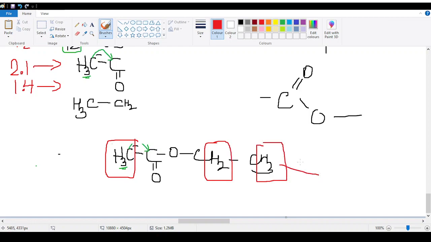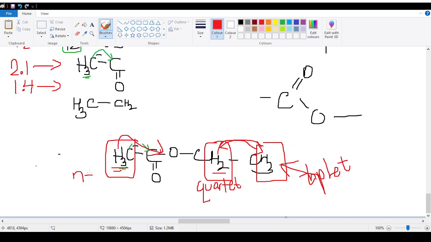These hydrogens, there are 3 hydrogens, but their neighbor has 2, so this must be a triplet. There are 2 hydrogens, but their neighbor has 3, so there must be a quartet. n plus 1 must be 4. There are 3 hydrogens here, but their neighbor has nothing, so they must be a singlet, because n plus 1 must be 1. Is that fine? Singlet, quartet, triplet.